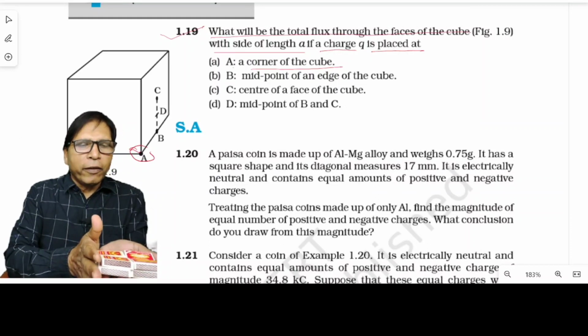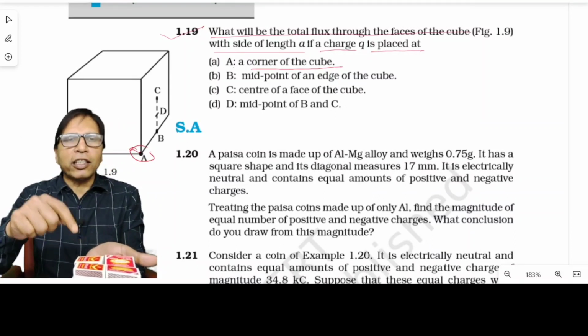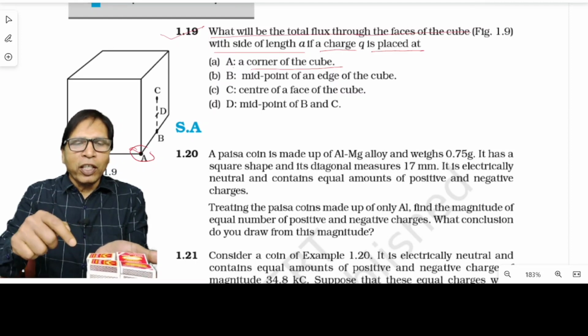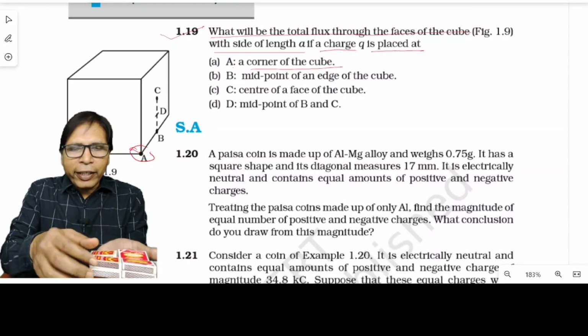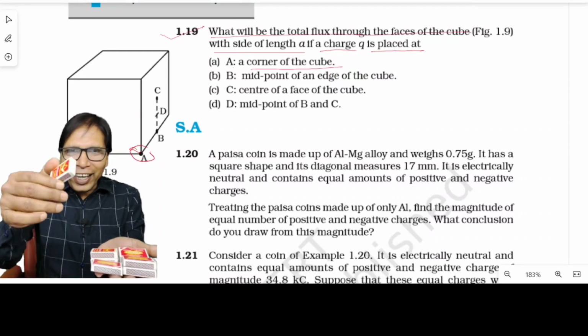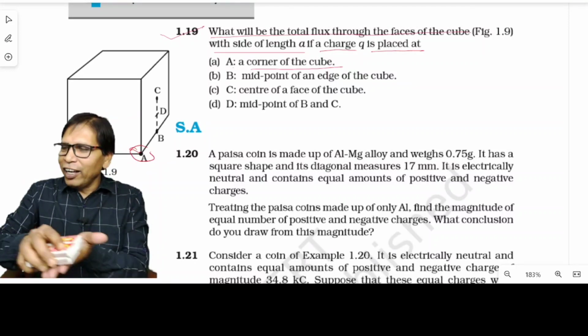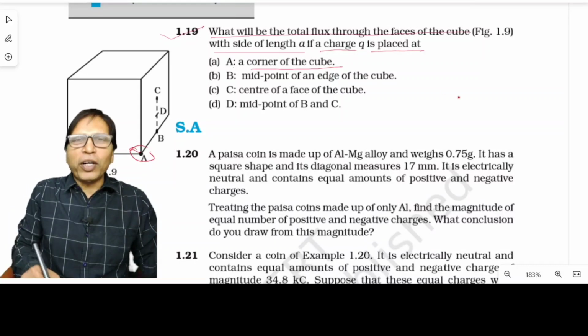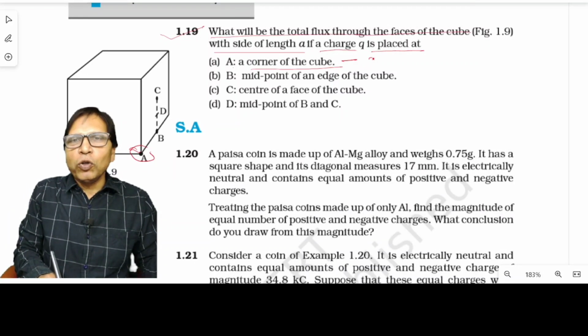So now total flux is Q by epsilon naught. So the flux on each cube is Q by 8 epsilon naught.